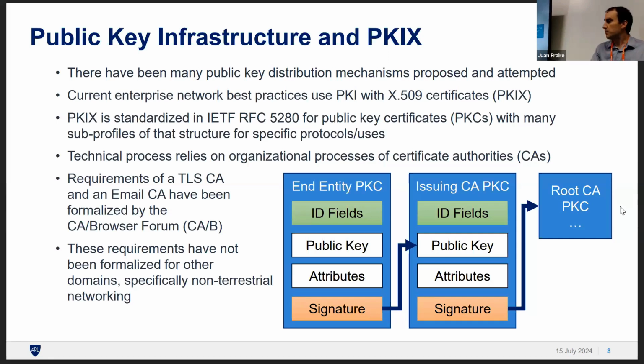The reason for the CA/Browser Forum to exist in the first place was a very difficult period of time when it was a little more Wild West, where CAs were operating in very different ways from each other without certain guarantees.